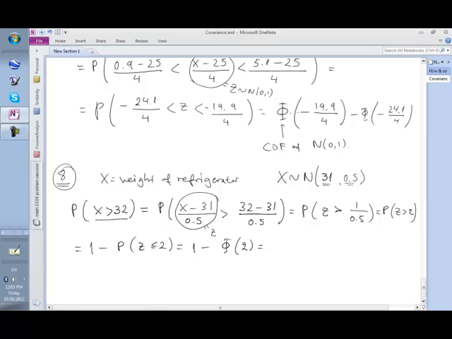Go to page 569 where you have the positive values of Z, and you see Z equal to 2.0. This probability is equal to 0.9772. And you do the math and you find the probability.